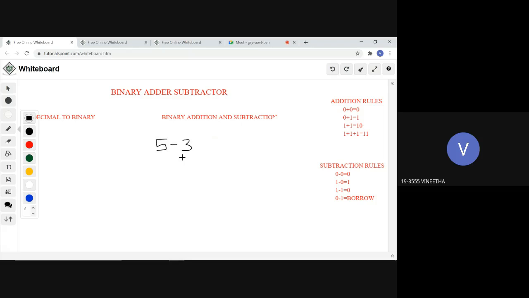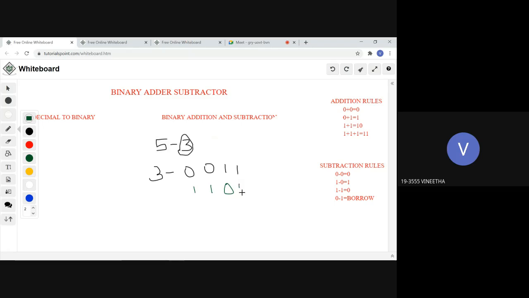We take the 2's complement of 3 over here. Generally 3 in binary is written as 0, 0, 1, 1. And its 1's complement would be 1, 1, 0, 0.